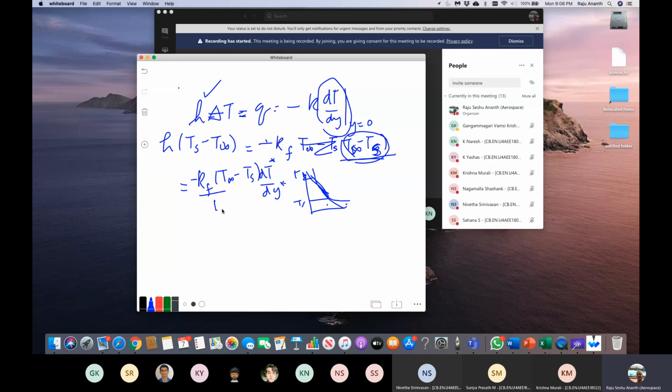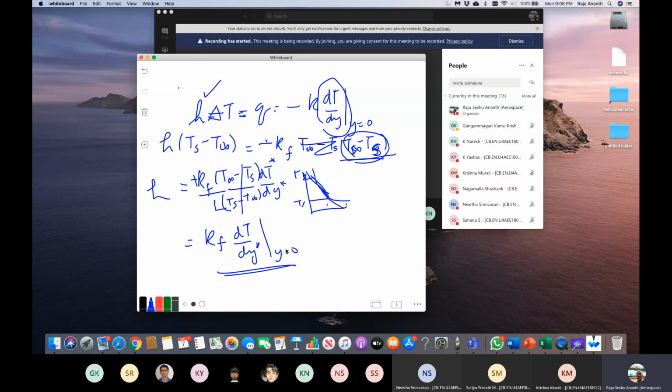So L became here. And then H is defined, then divided by Ts minus T infinity. So this became 1, so it becomes Kf dT dy over y equal to 0.